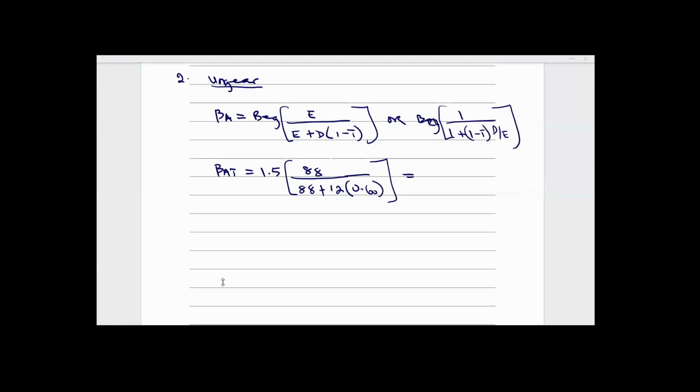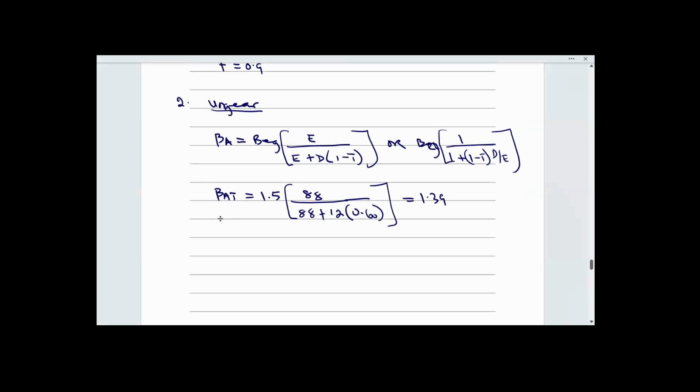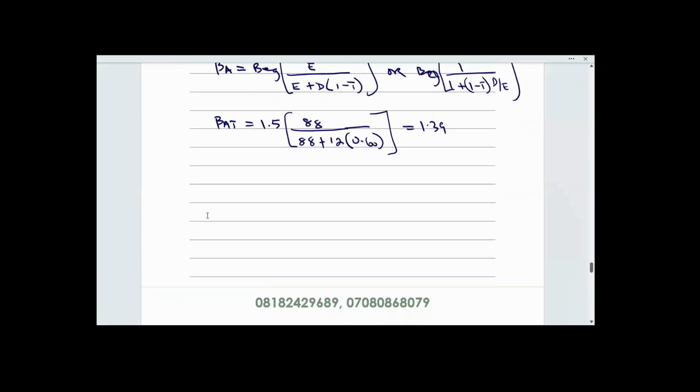That's not correct. 88 divided by 95.2 equal, then multiply by 1.5 equal. That's 1.39. The beta asset of training service is 1.39.